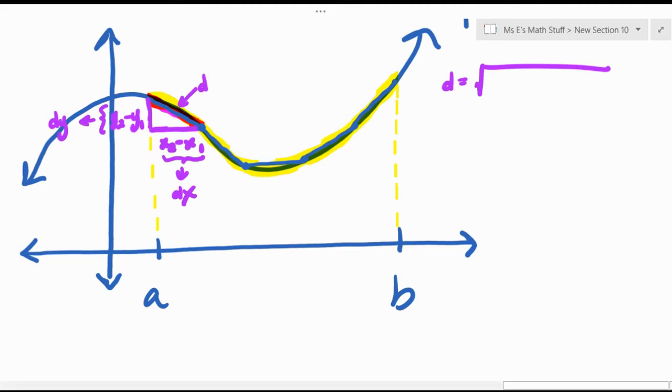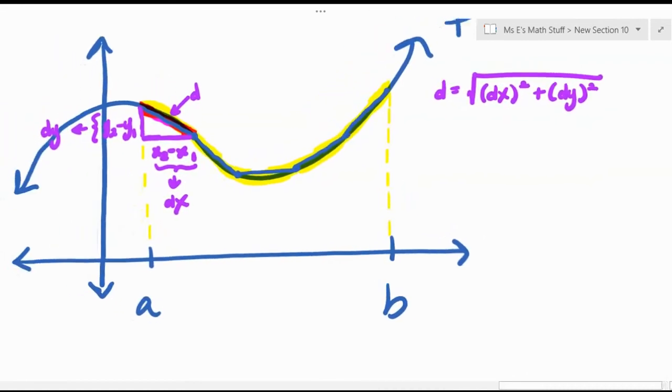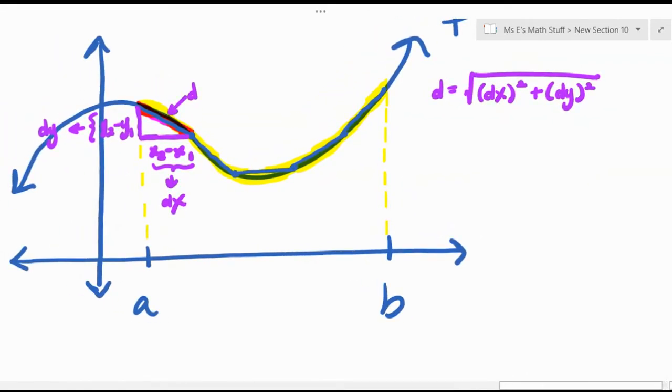Its length could be described as the square root of the change in x squared plus the change in y squared, like that. There we go. Now, what I'm about to do is use a little bit of algebra manipulation to make the format look a little different, so it'll make sense when we move to the next step.